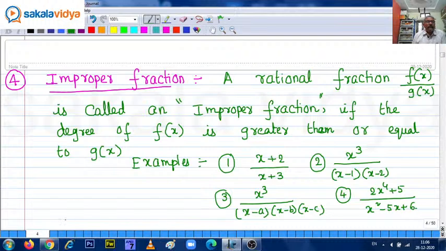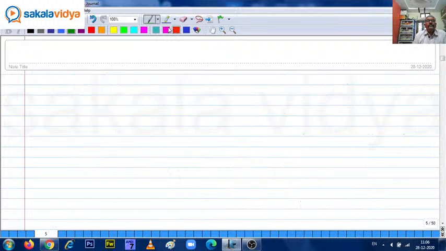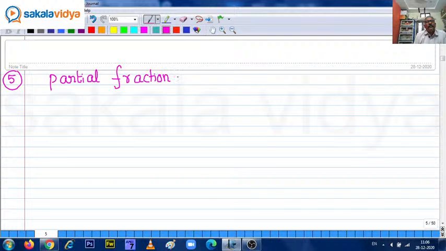So next, fifth concept is what is meant by the partial fractions. Partial fraction, this is our chapter name. What do you mean by the partial fraction? Can you give anybody?